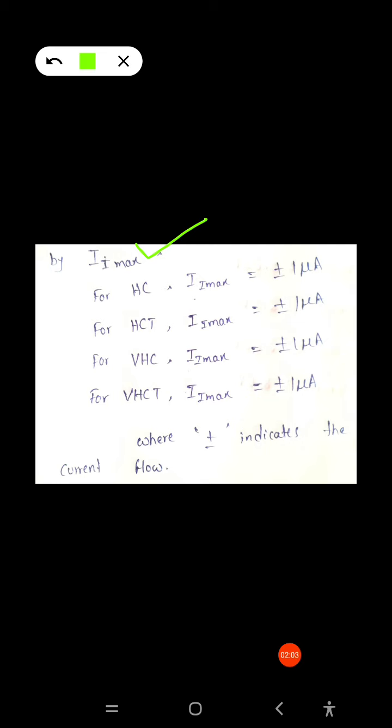Now coming to these logic families, for the HC logic family the I max value is plus or minus 1 microamp, and for HCT the I max value is plus or minus 1 microamp. For VHC it is the same, plus or minus 1 microamp, and for VHCT the I max value is plus or minus 1 microamp.